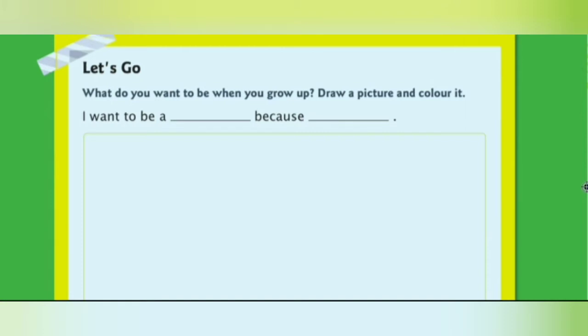When it comes to doctor, you can draw a stethoscope, or for a nurse, an injection, or a coat. Depending on the profession, you are going to draw a picture there. Clear? This is your today's warm-up exercise. You have to send that to me.